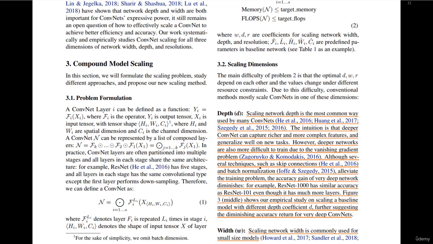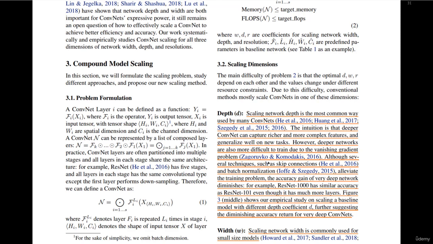Although several techniques such as skip connections, that's of ResNet, He et al., and batch normalization by Ioffe et al., alleviate the training problem, the accuracy gain of very deep neural networks diminishes. Now for ResNet, ResNet-1000 has similar accuracy as ResNet-101, even though it has many more layers.